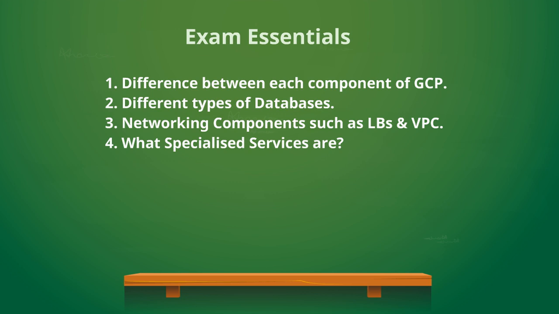The second is the different types of databases. The third is the networking components, such as the load balancers, the VPCs, CDN, etc. And the last is what the specialized services are that GCP offers.